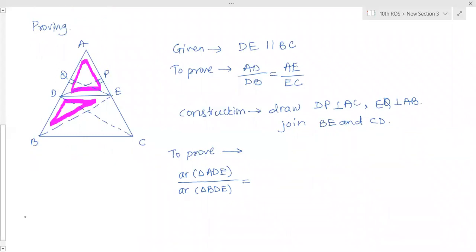What is the area of triangle formula? Half into base into height. For triangle ADE, base is AD and the height is EQ, divided by half into base BD of triangle BDE, and what is the height?